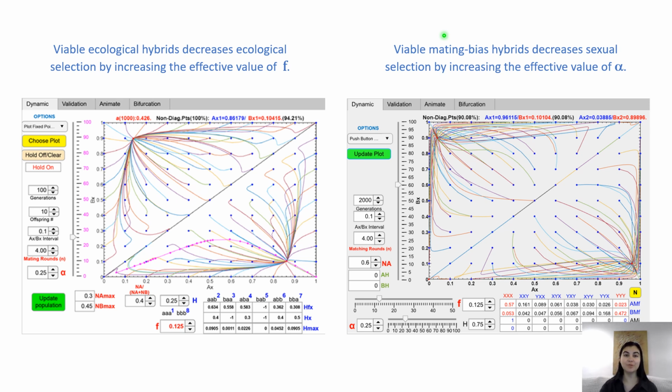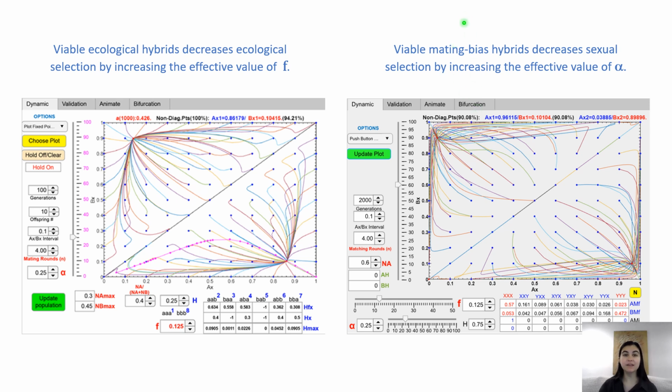therefore inhibiting pre-mating reproductive isolation. Now in the example on the right, we investigate what would happen with the mating bias allele hybrids. In this study, we have only one gene locus with two mating bias alleles X and Y. In this example, the combined effect of 3 different gene loci resulting in an abundance of hybrids with varying degrees of mating bias are analyzed.